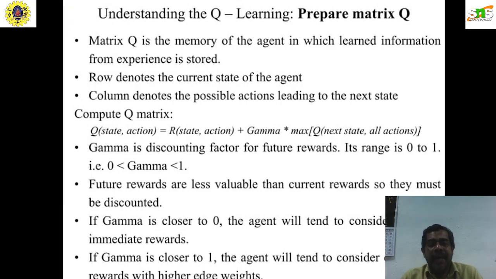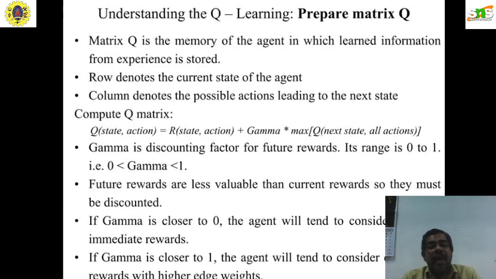If the gamma value is closer to 0, the agent will tend to consider only the immediate rewards.